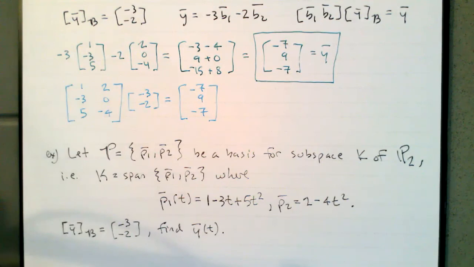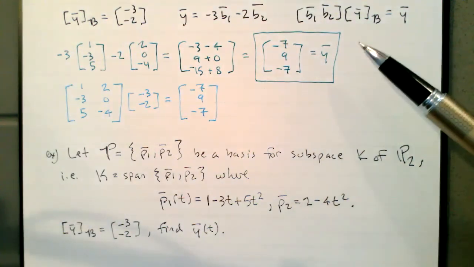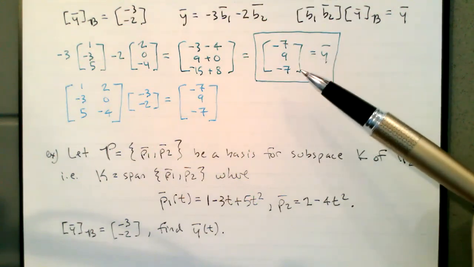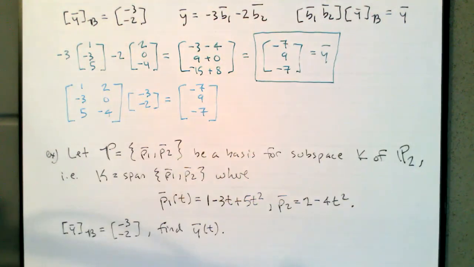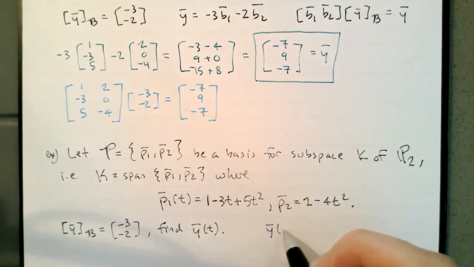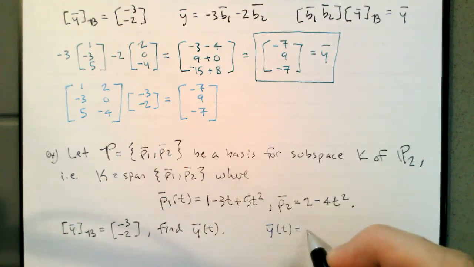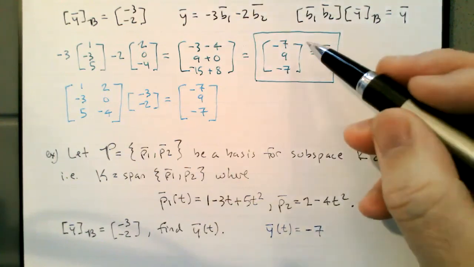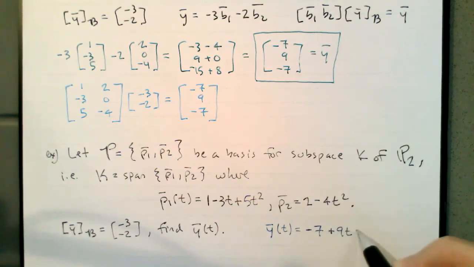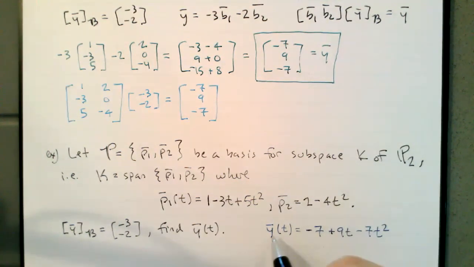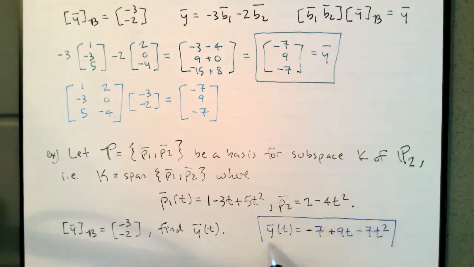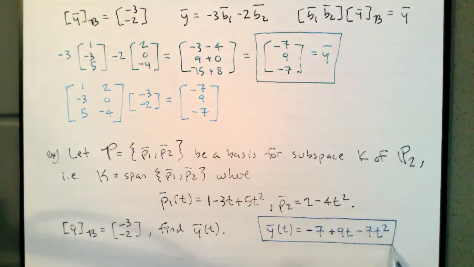The standard coordinates of y, since this is just a copy of the previous problem but in polynomial form, will be -7, 9, -7. But in this case, since we're dealing with a polynomial, if the coordinates are -7, 9, -7, I'm dealing with the polynomial -7 plus 9t minus 7t squared. In this problem, the vectors are polynomials, but the coordinates always come from Rn.